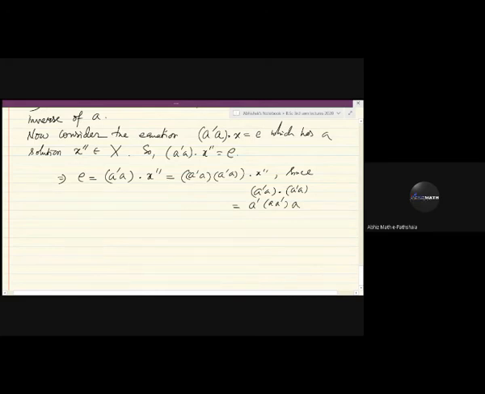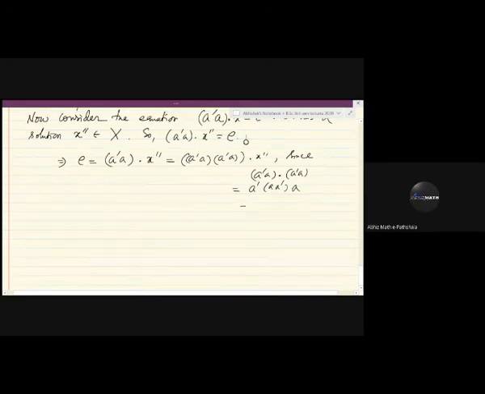Now a dashed is identity, so it is a dashed e a. Okay, so therefore it is a dashed a, since e being the right identity. Okay, so using this fact we have put this one. So a dashed a is this one.